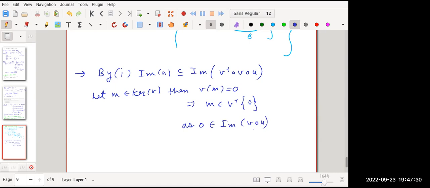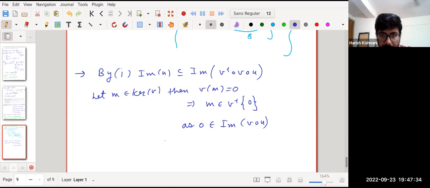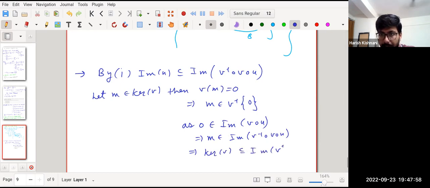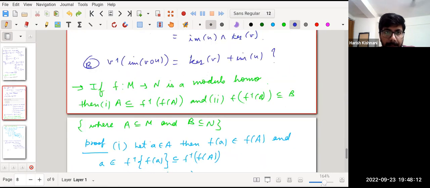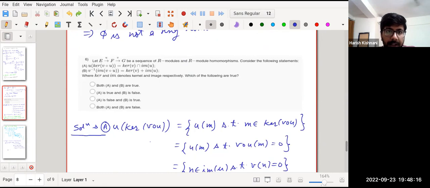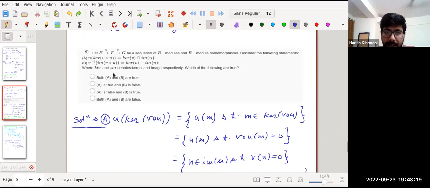So this will imply that m will be there inside image of V inverse composed V composed U. ठीक है, and that will imply that kernel of V is inside image of V inverse V o U, and that will combinedly imply that kernel of V plus image of U is inside. Okay, this one side inclusion is there.